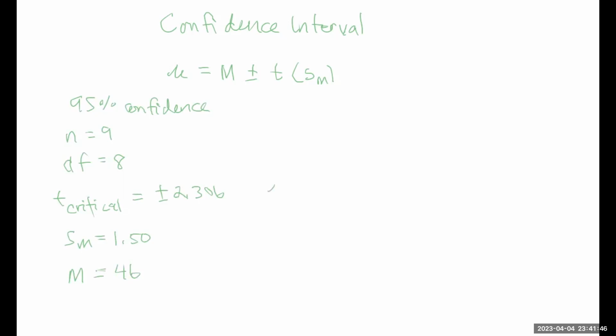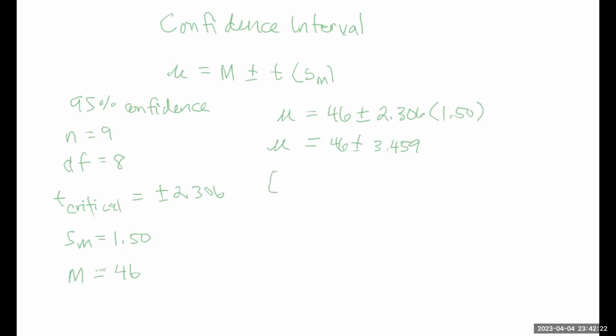So we're going to go a little higher up. Mean equals 46 plus or minus, and I'm just adding in all the information I have, 2.306 times 1.50. That's going to give me a mean of 46 plus or minus 3.459. And then if we solve that out, I'm going to put it in brackets.